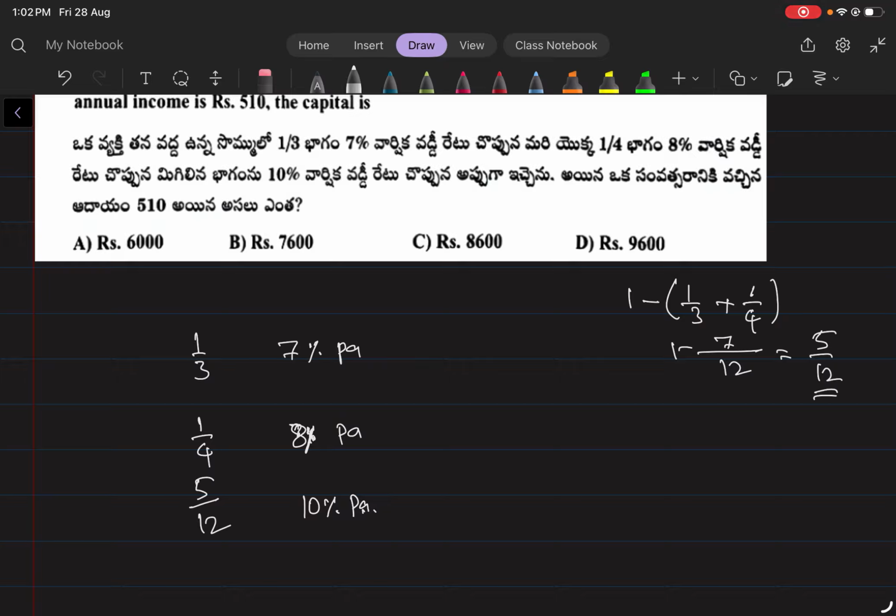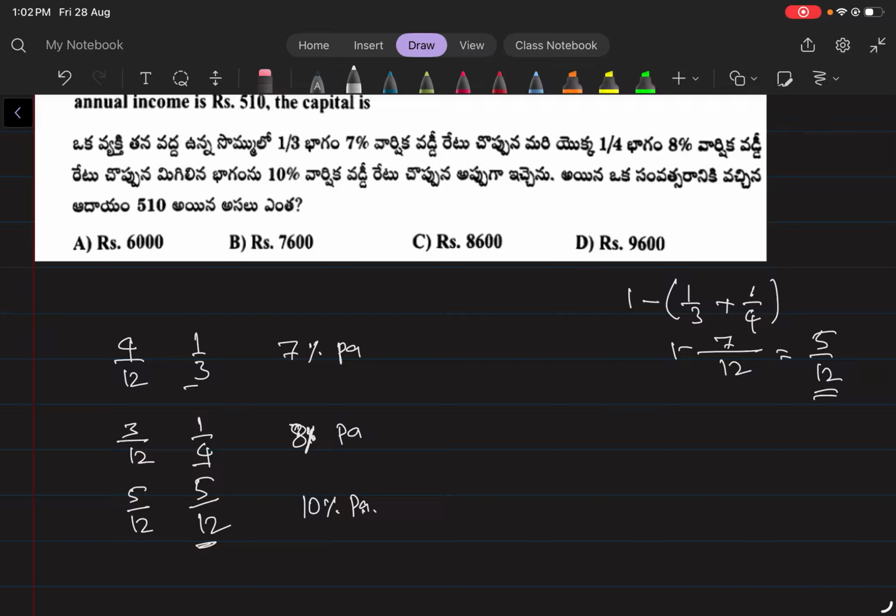So now the denominators are not equal. So let's make the denominators equal. How do we do that? Take LCM. 3, 4 LCM will be 12. So this can be written as 4/12, this can be written as 3/12, and this is 5/12 as it is.